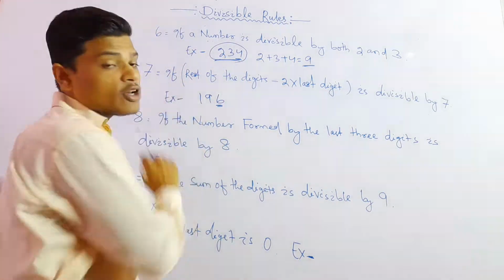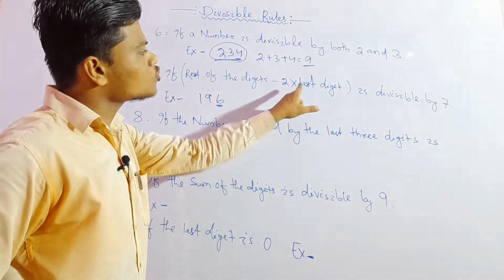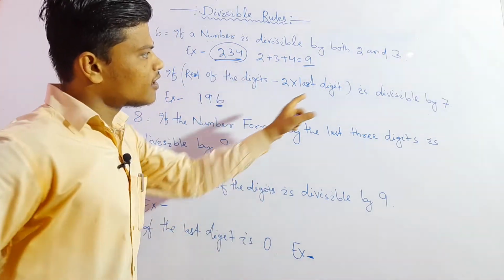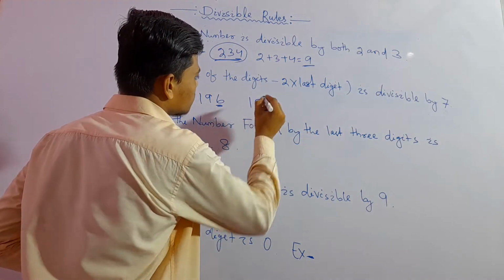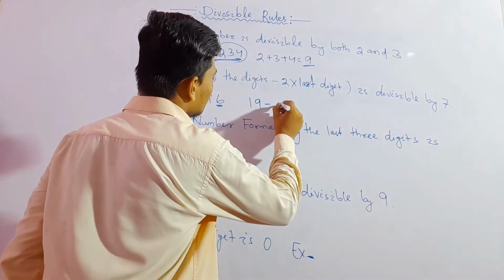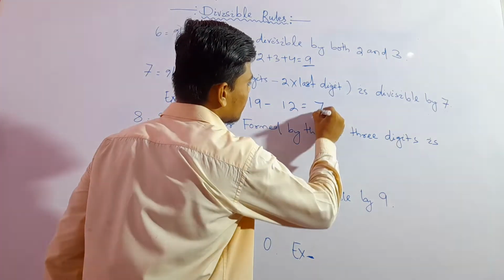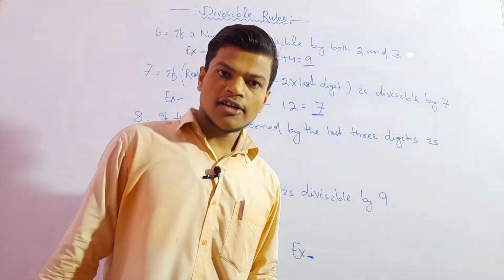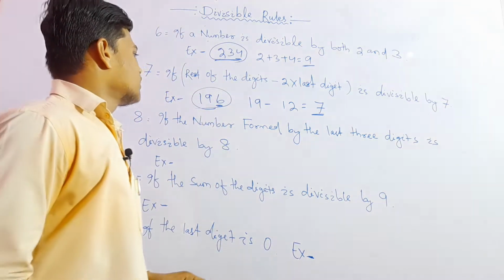We calculate 19 minus 2 into the last digit: 2 into 6 is 12. Now 19 minus 12 is 7, and all of you know that 7 is divisible by 7. So therefore the number 196 is divisible by 7.